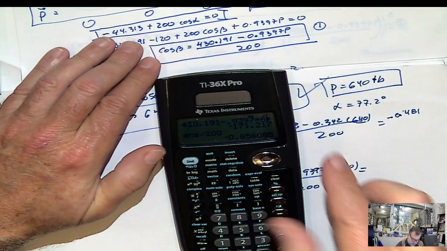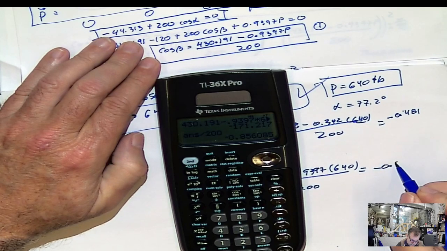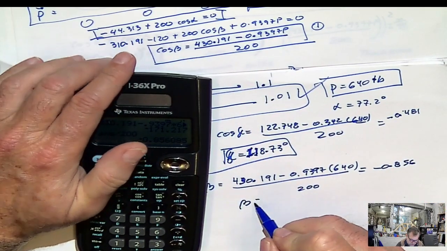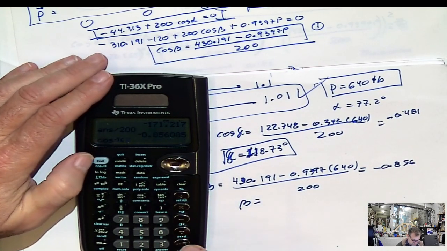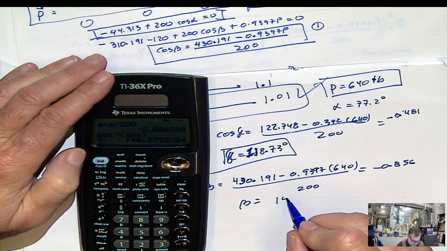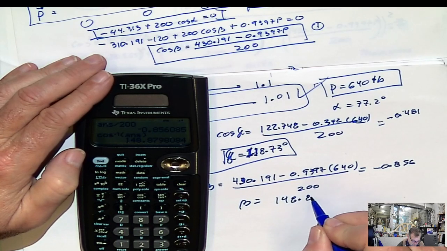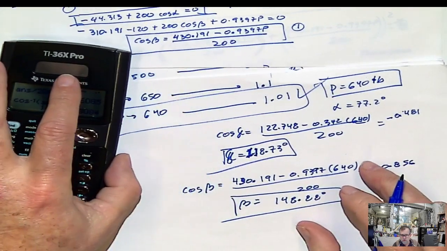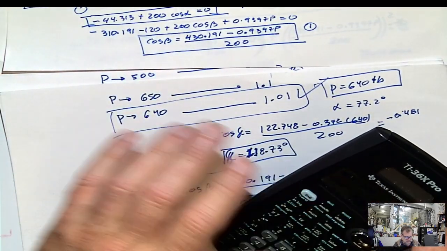This value will be negative 0.856, which means that beta will be the inverse cosine of that, 148.88 degrees.